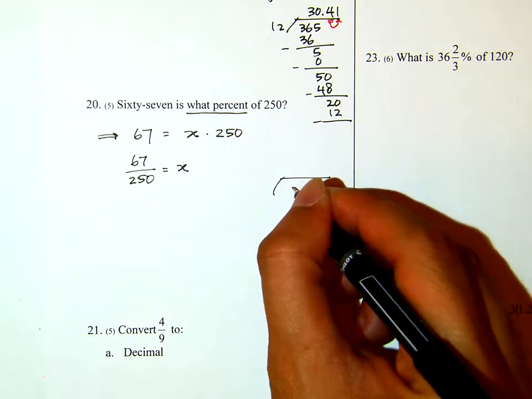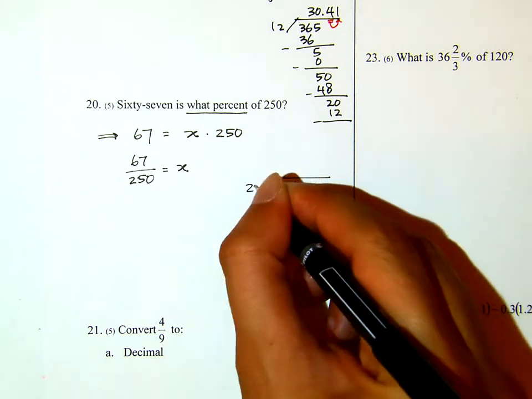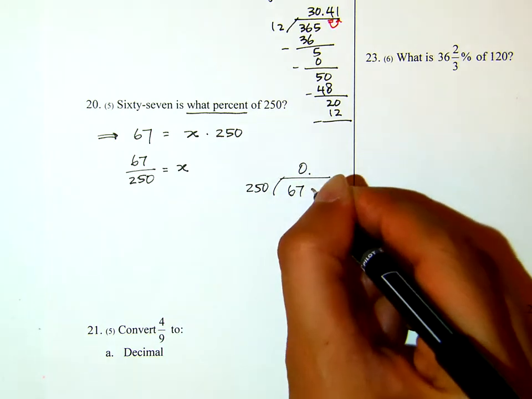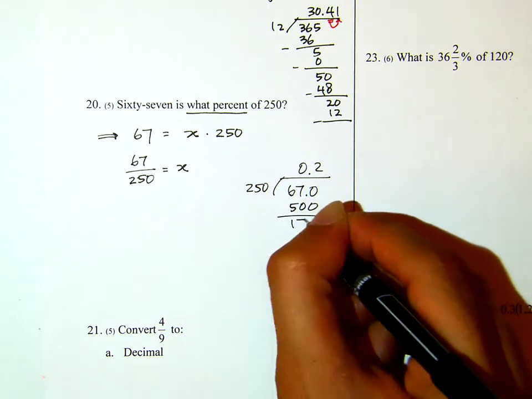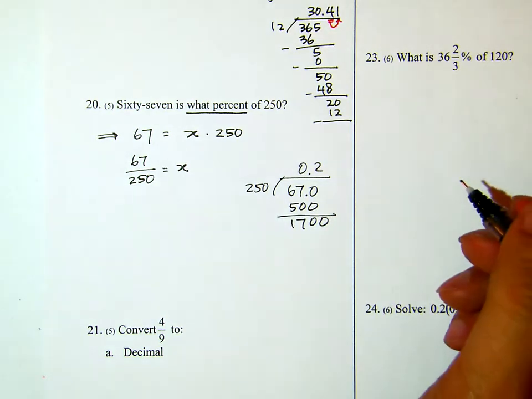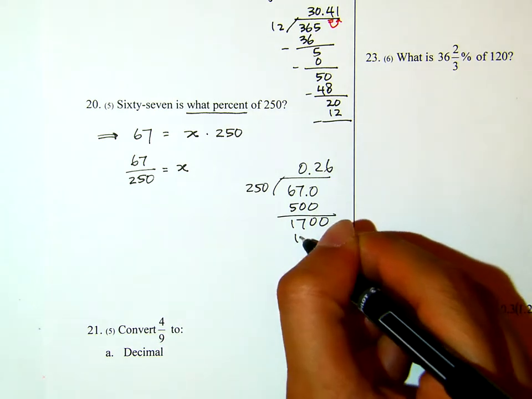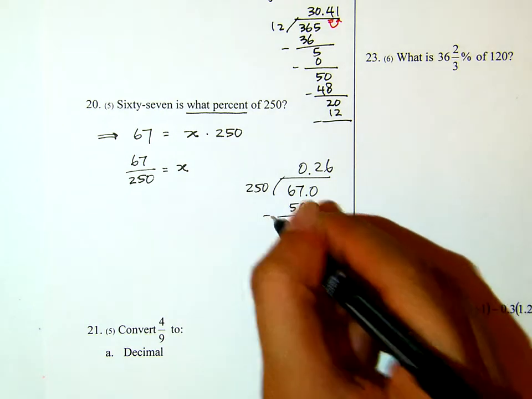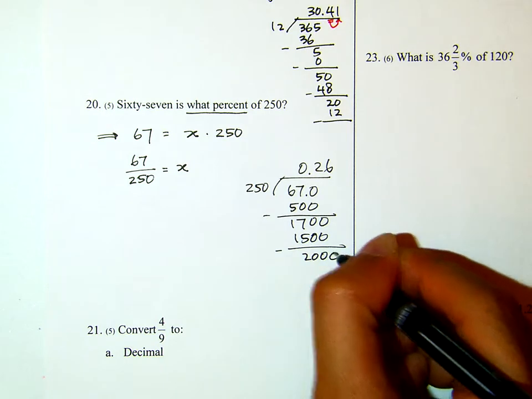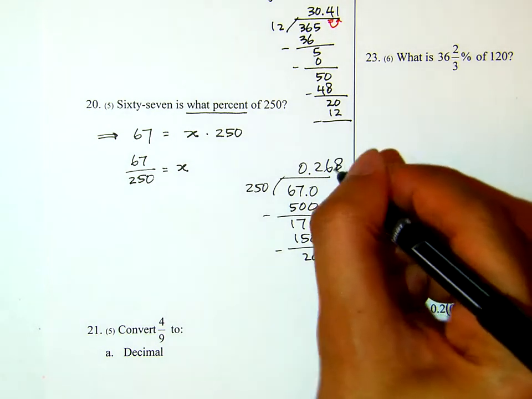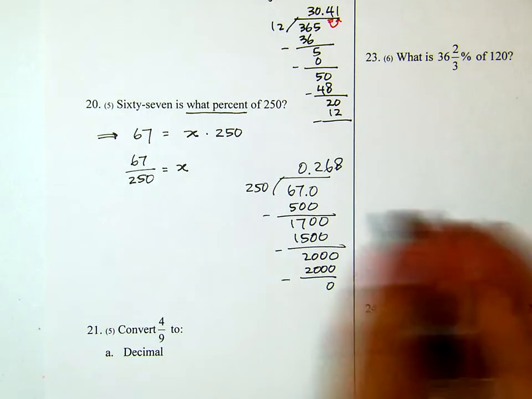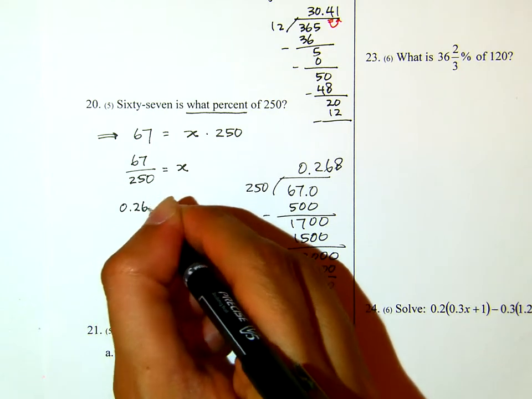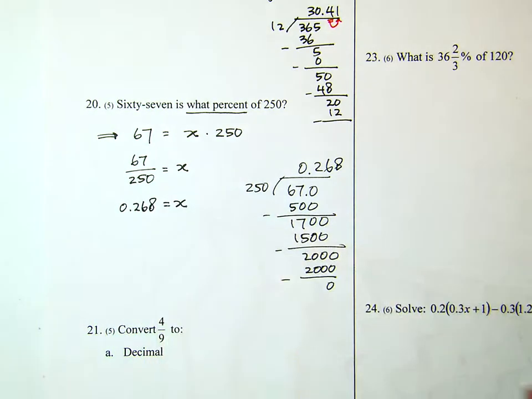Let me convert that to decimal. 67 divided by 250, that's 0.2 for 500, and drop one extra number there, that will be 6 for 1500, and subtract, I get an extra 0, that will give me 8 for 2000, and this will be 0.268 equals x. Now that's the x in decimal.